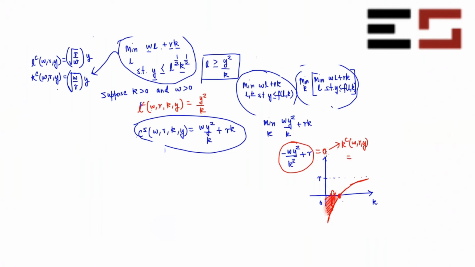Just take it to the other side and do the simple algebra and you will get this. Now if you want to get this, then you can substitute this solution, as I told you earlier, in the short run conditional labor demand function, and you should get that. Just substitute this in place of k and check what you get.